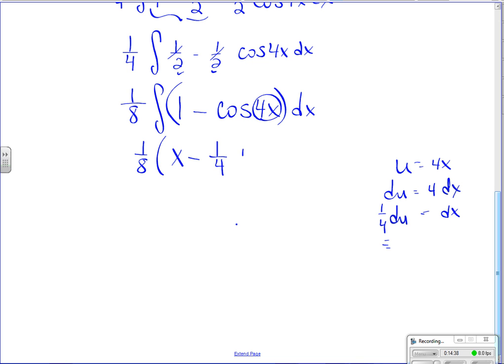The antiderivative of cosine is sine, and then it would be of 4x because of u, and then plus c. And that's going to look like, let's distribute the 1/8: 1/8 x minus 1/32 of sine of 4x.